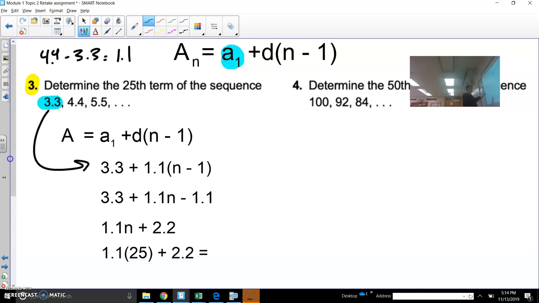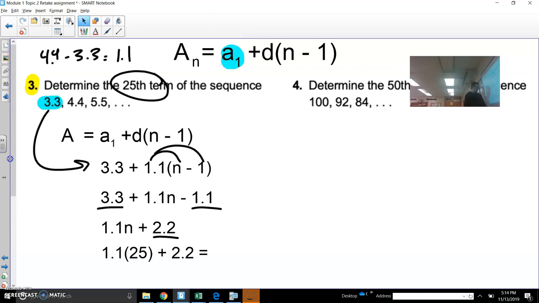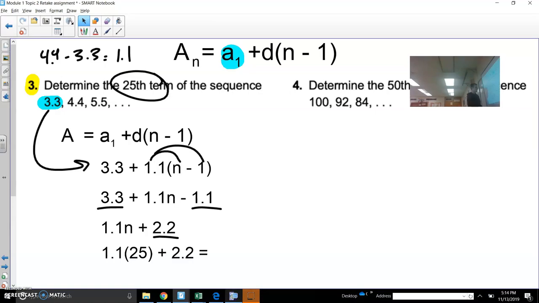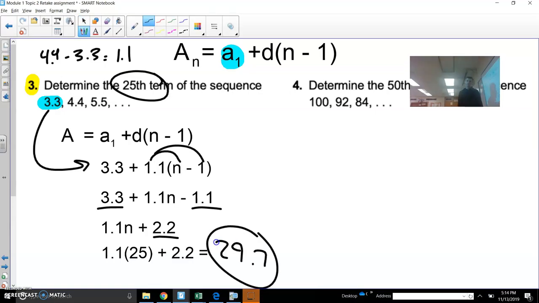And then I'm going to distribute, combine like terms, and then if I'm looking for some future number, let's plug in 25 for n. So let's see, 1.1 times 25 plus 2.2, that gives me 29.7 as my future 25th term.